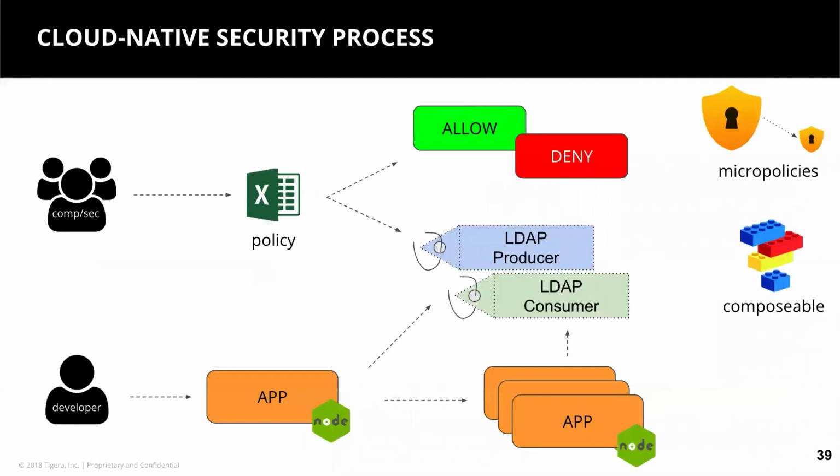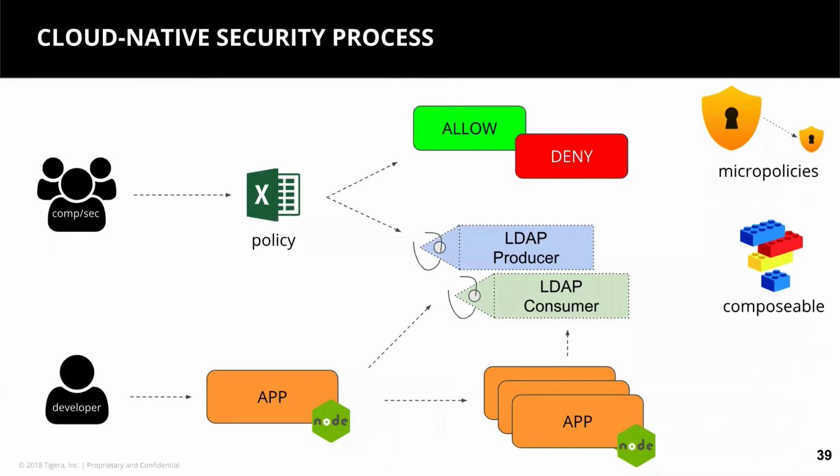Finally, when we come to the cloud native security process, it's going to be a little different than the traditional handoffs that would happen in the traditional process. In this process, on the cloud native side, we would take the compliance or the security team, and they would look at policies. And it's important to first, before I start applying policies to applications, create a nomenclature using labels that will describe what I'm protecting.